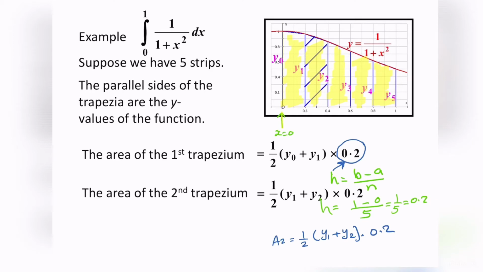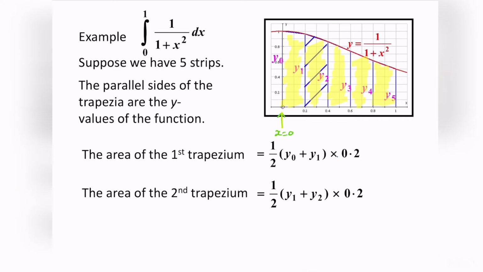So I'll just take this away. Right. And so on. So the area for the third trapezium is going to be A3.